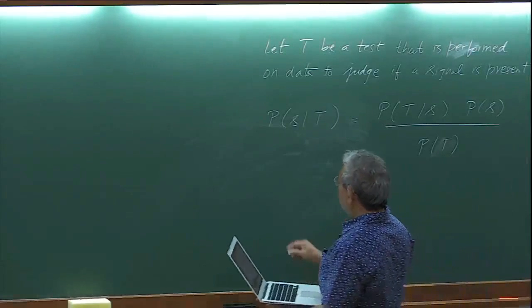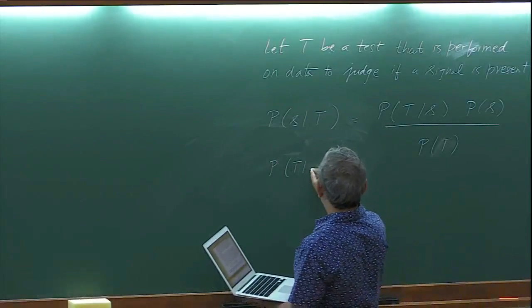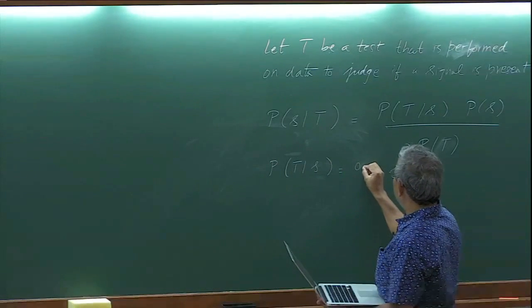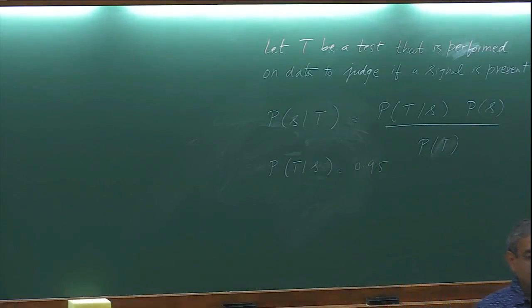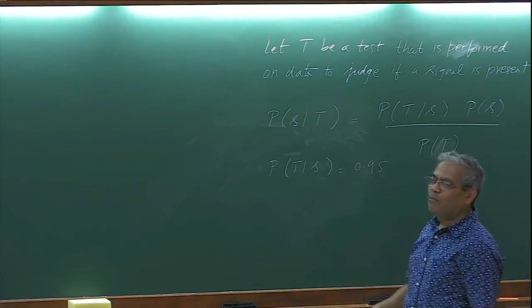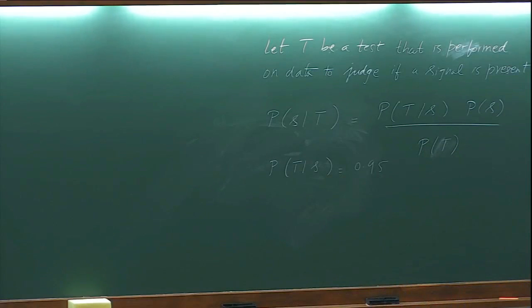Let's suppose the probability that your test is true given that there is signal is 95%. Even if you're using a coin toss to test the data, it actually turns out that at least 95% of the time, when the signal was present, the test gave you heads.